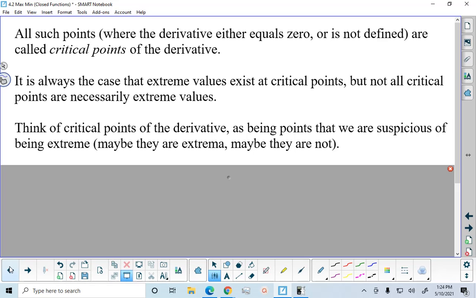And that's what we're saying here: all max and min must be critical, but not all critical are max and min. So in the collection of all critical values of a first derivative, some of those are going to be max and min, some will not. And that's why I've got here, think of the critical points of the derivative as being points that we think might be max and min.